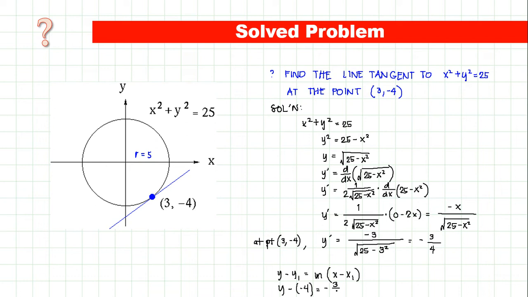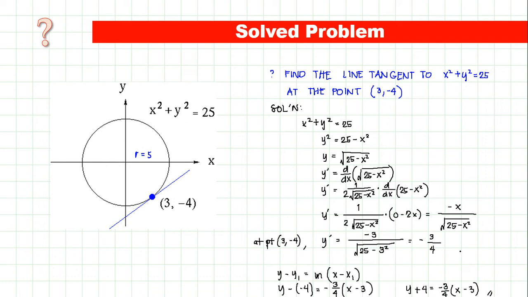Negative 3/4 times x minus 3. So, simplify pa natin yan. We have y plus 4 is equal to negative 3 over 4 times x minus 3. So, ganyan siya, no, sa una.